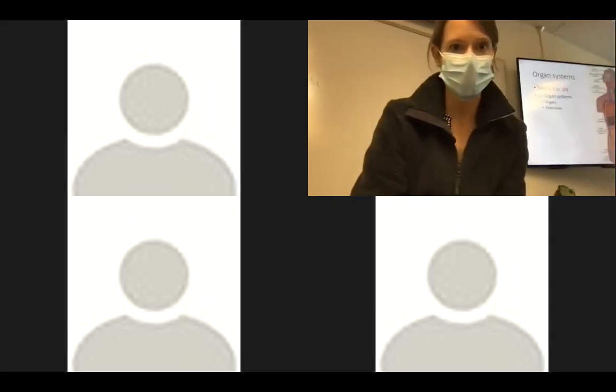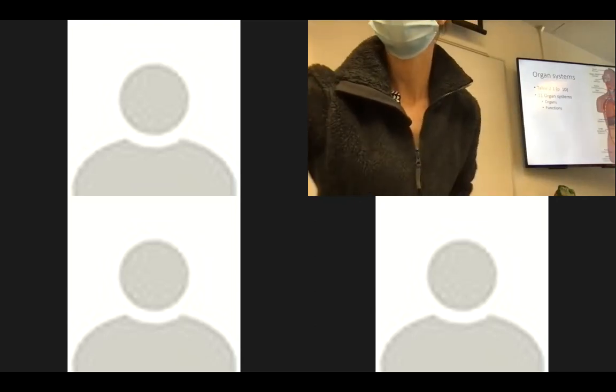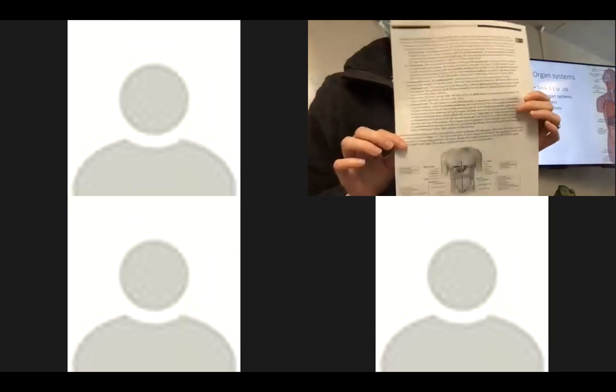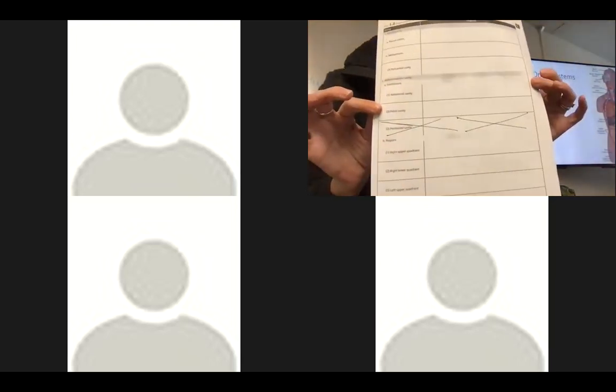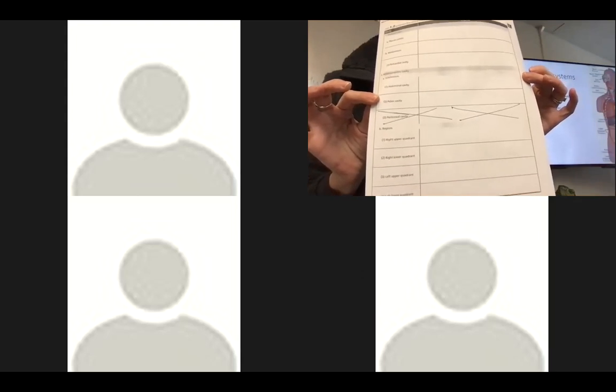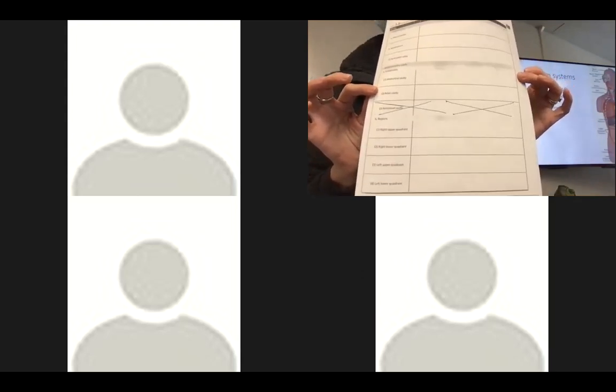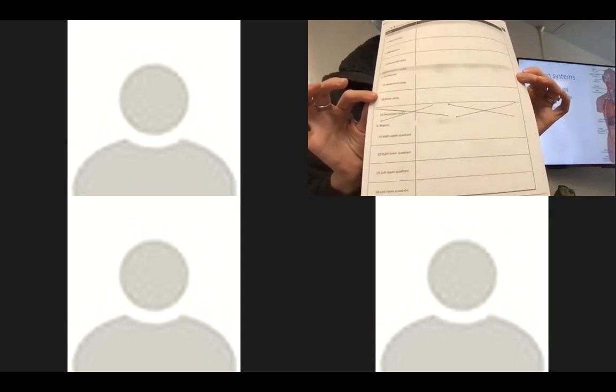All right, so for you guys on Zoom, you just have a full PDF. This is a chart that you want to fill out with the organs found in each of these cavities or quadrants of the abdomen. So fill that out.